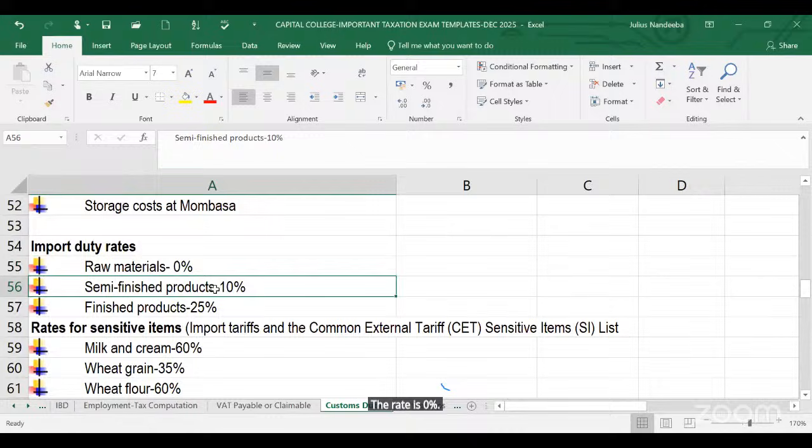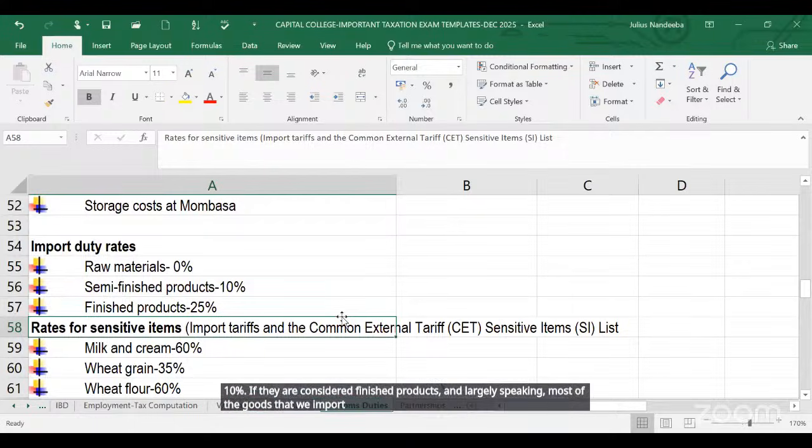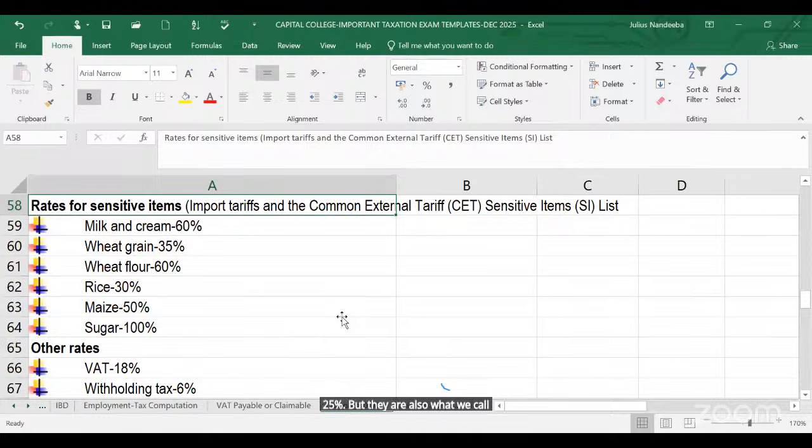If they are considered semi-finished products, 10%. If they are considered finished products, and largely speaking, most of the goods that we import are finished products, that's why we apply 25%.